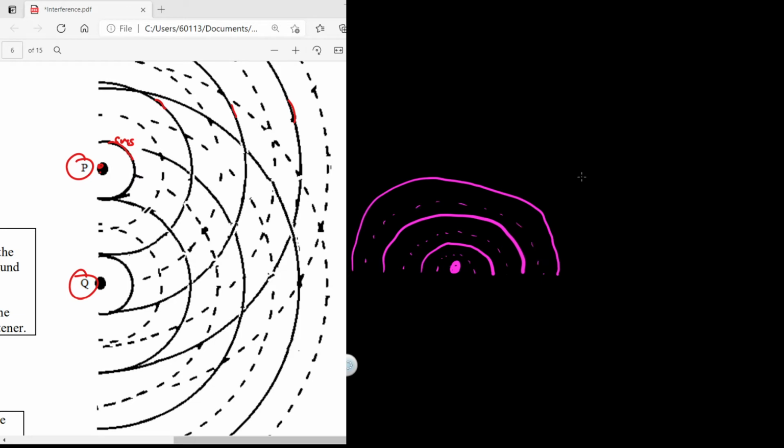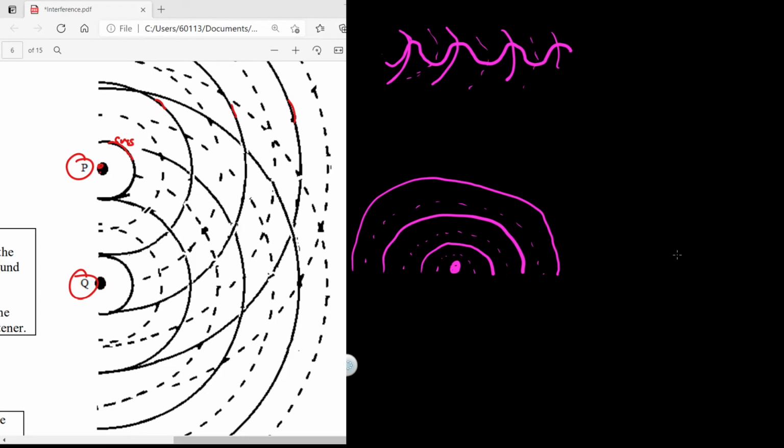If you observe from the side of the wave, maybe you can see trough, crest, trough, crest, trough, crest, trough, crest. So the solid line only represents the crest, while the dotted line represents the trough.